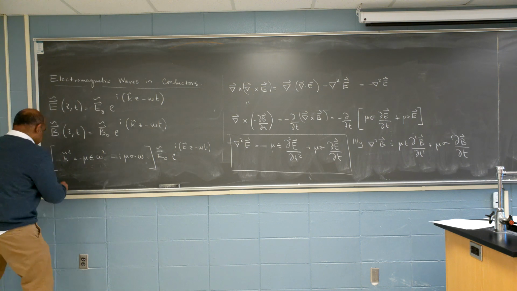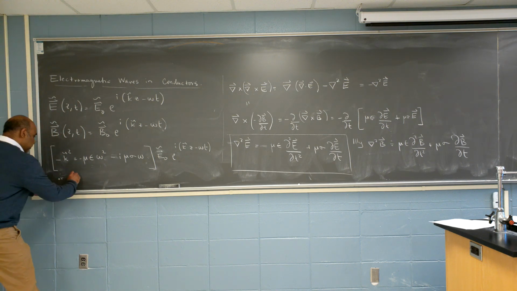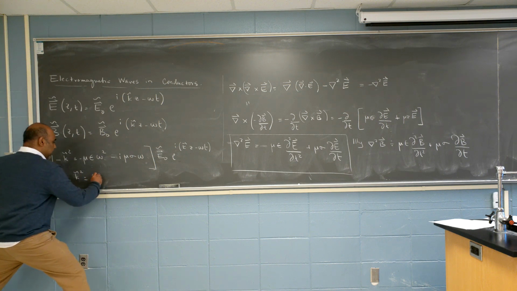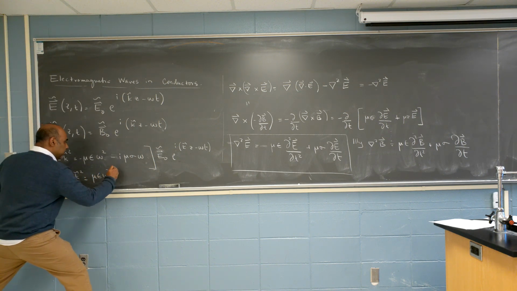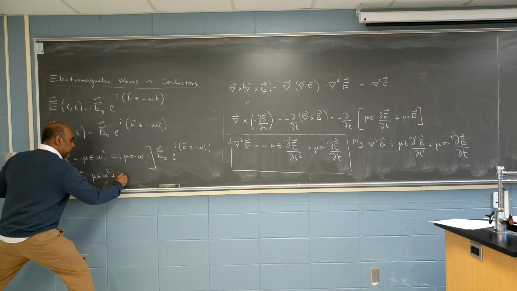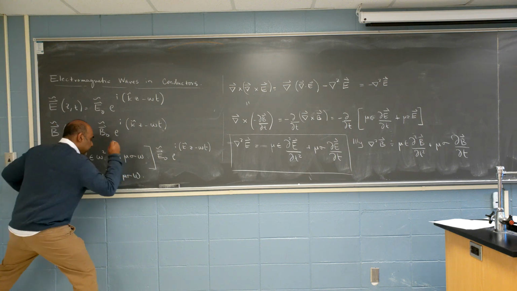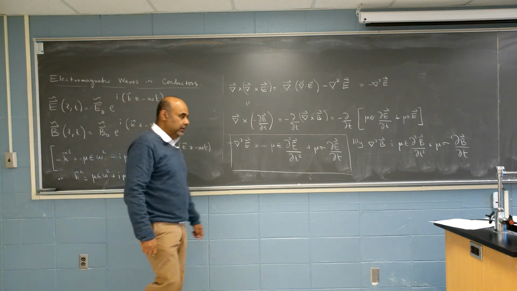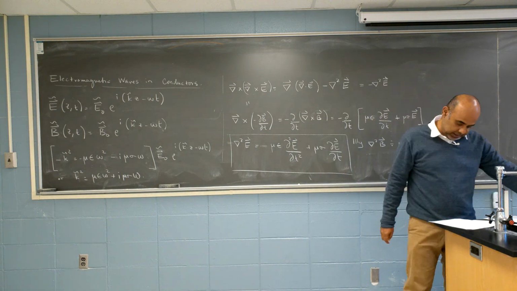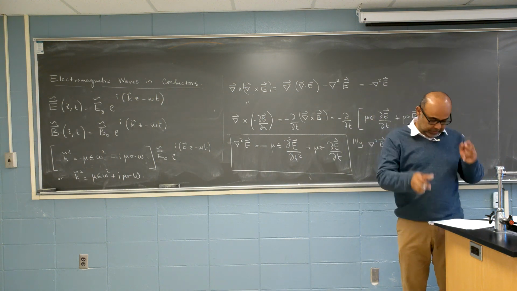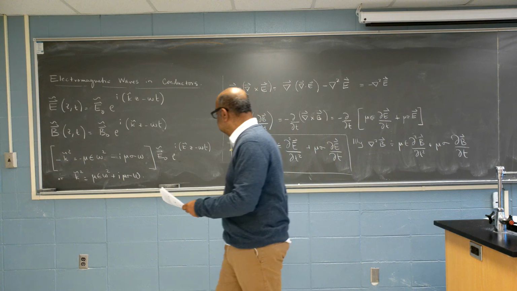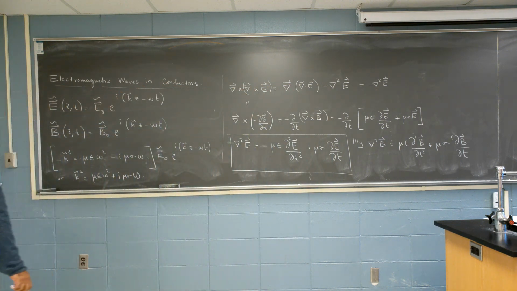So then I get, obviously, k tilde squared equals mu epsilon omega squared plus i mu sigma omega. And then you see, let me make sure my mu, yep.